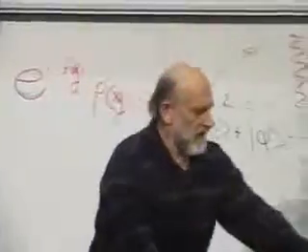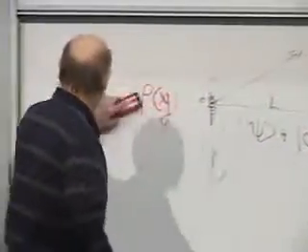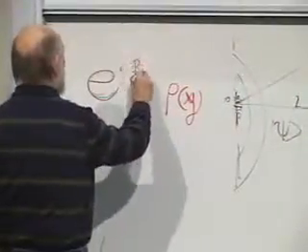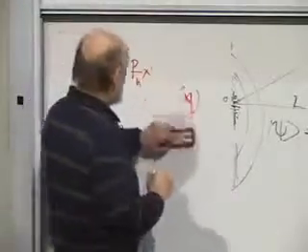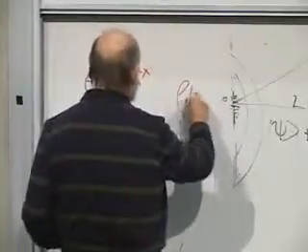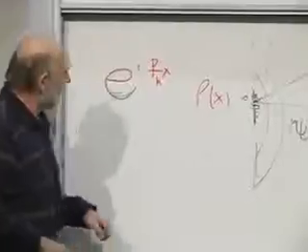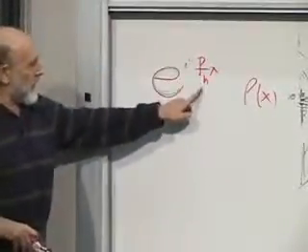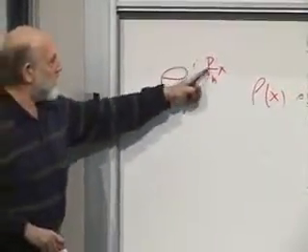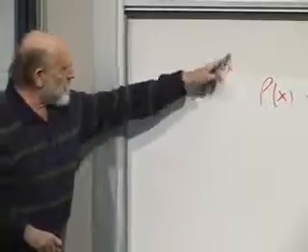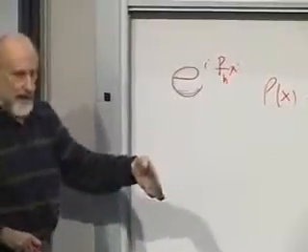Roughly speaking, it looks like e to the i p over h bar x, times some smooth function rho of x. Incidentally, p over h bar is likely to be a rather large number, which means that this oscillation is generally very fast.